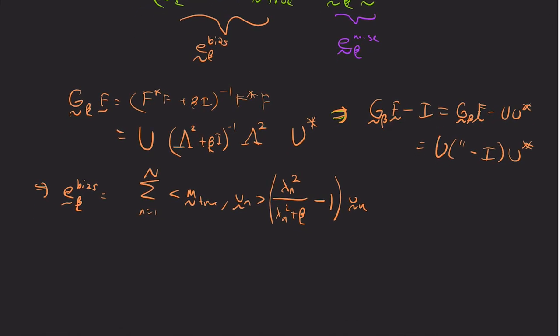Now in the limit that beta goes to 0 of E beta bias, this is 0, because I get lambda n squared over lambda n squared minus 1. That's 0. And if lambda n were 0, this wouldn't pop up in the inner sum at all.